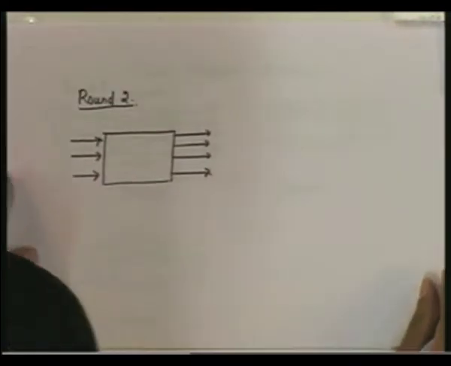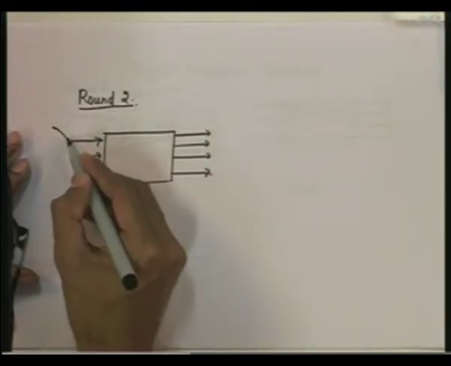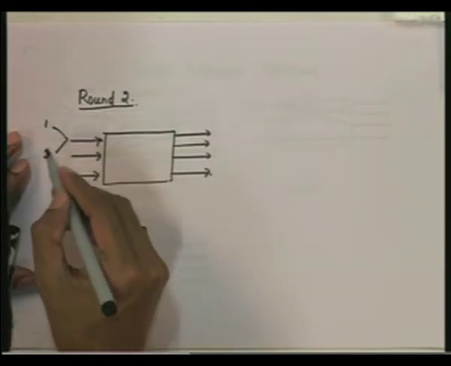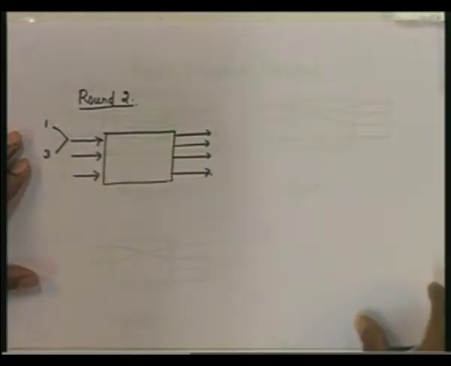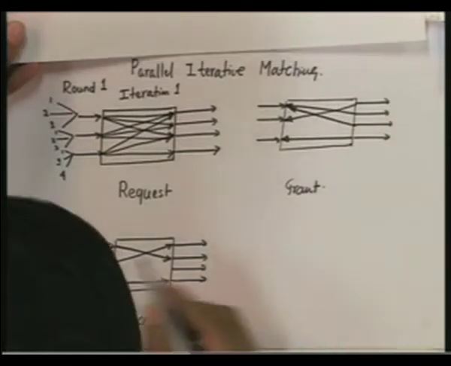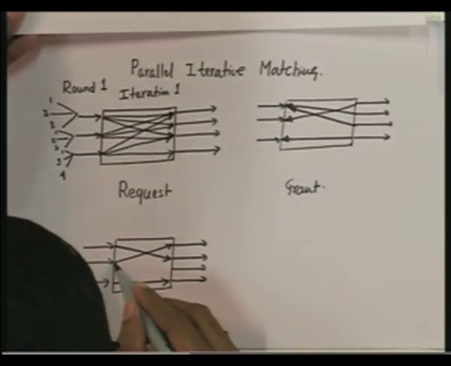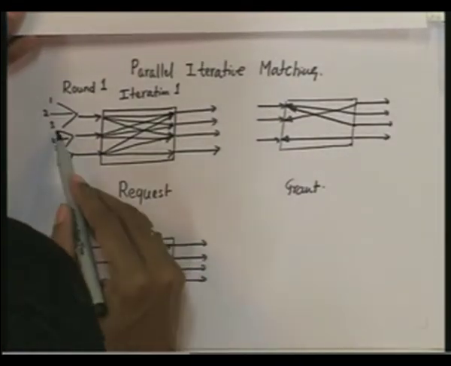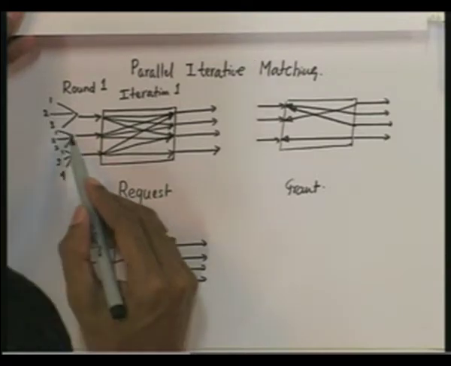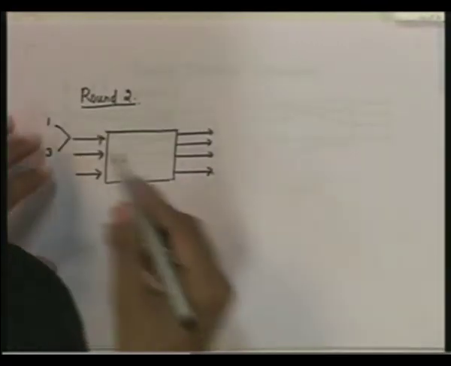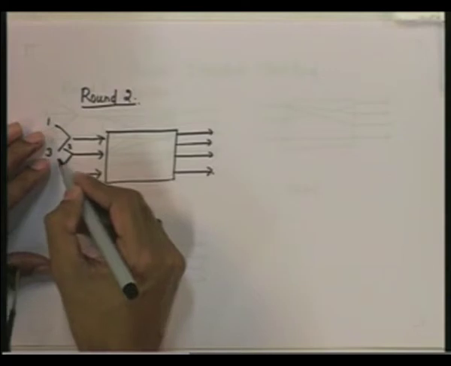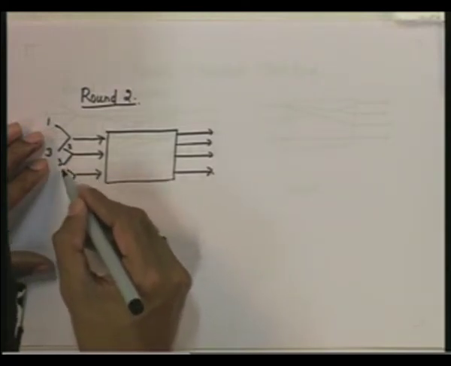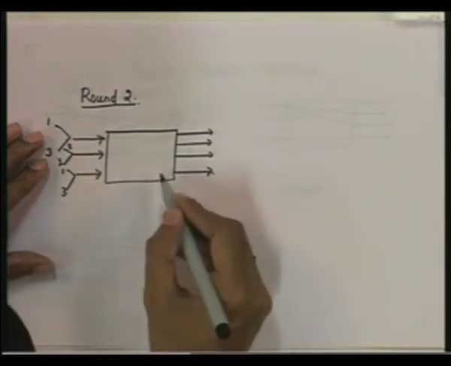Here, the packet 1 has been sent, so only 2 and 3 are left. And here of course 1 and 3 are left, since 4 has been sent.